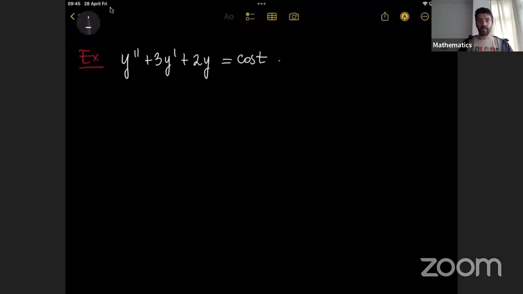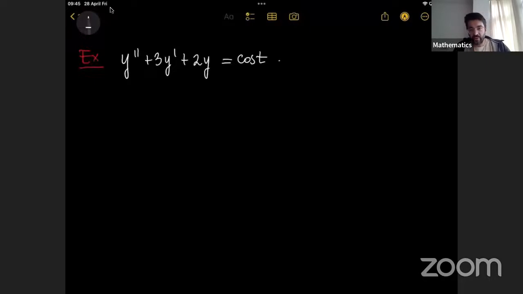Take this equation, y'' + 3y' + 2y = cos t.